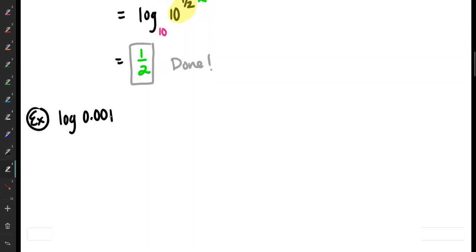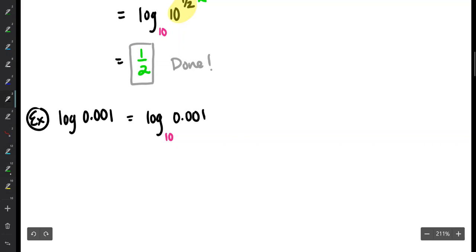Log of 0.001. Well, this is log base 10 of 0.001. And that is a perfect power of 10. This is 10 to the minus third.